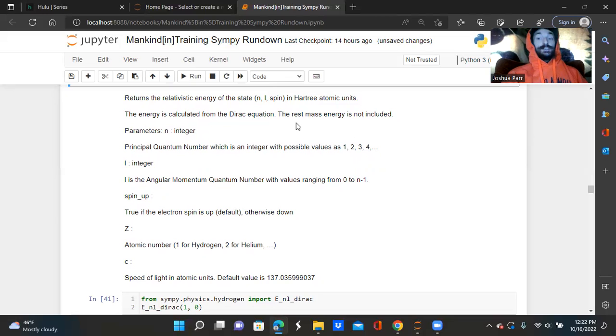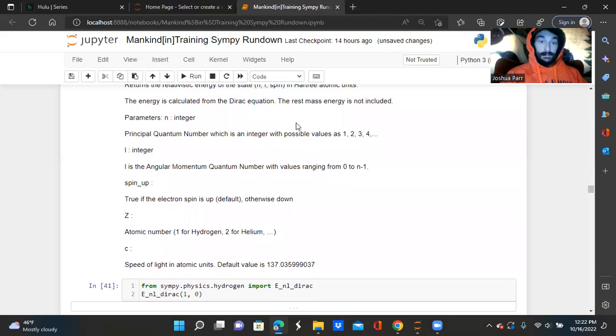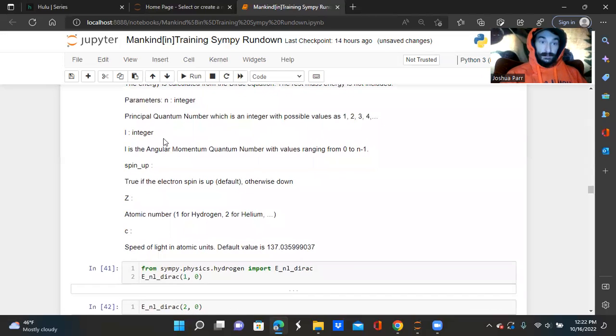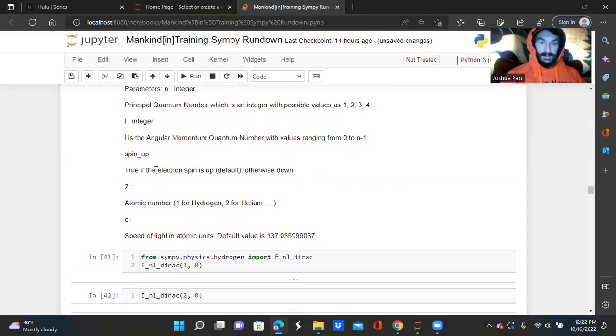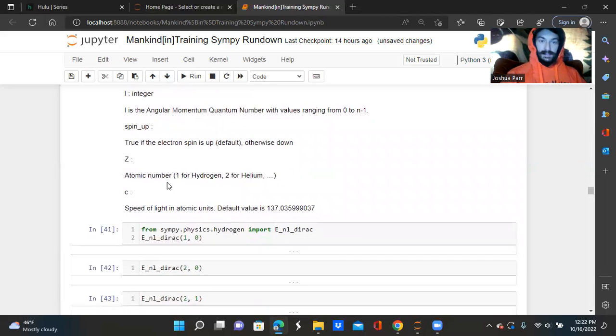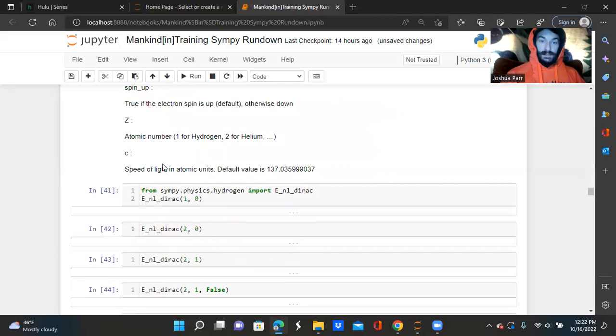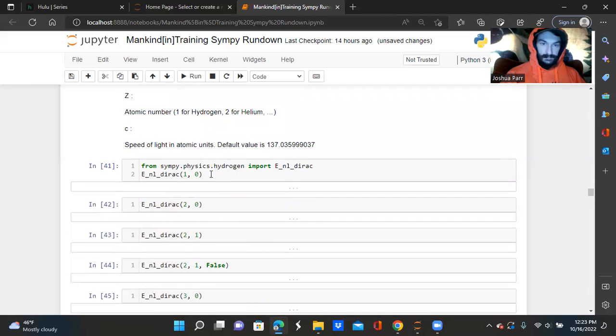The rest mass energy is not included. N is your integer, L is an integer, also being your angular momentum quantum number with values ranging from 0 to n minus 1. And then spin up, true if the electron is spin up, default, otherwise down. And then Z again is your atomic number, and C would be the speed of light in atomic units, and the default is this value here as a constant.